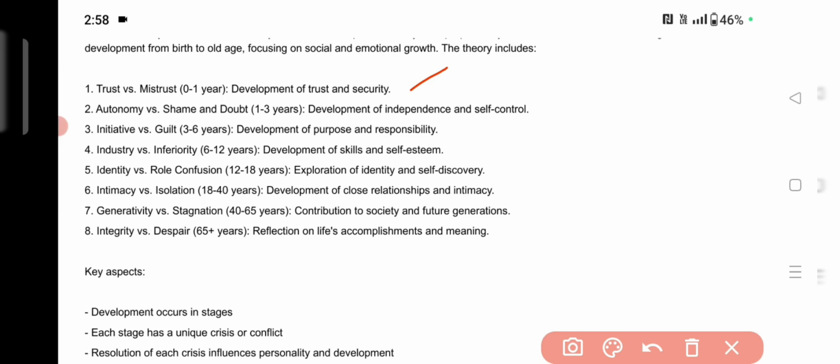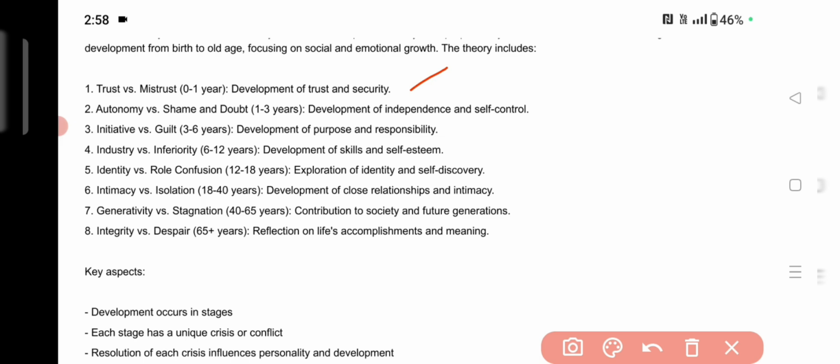If trust is not established between you and your baby, mistrust will develop. It's more difficult to establish later in life. They may feel a sense of hopelessness when faced with crisis.